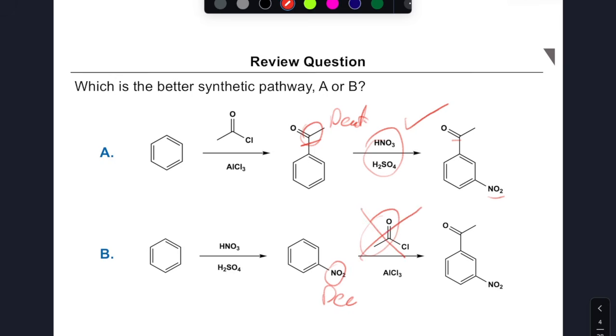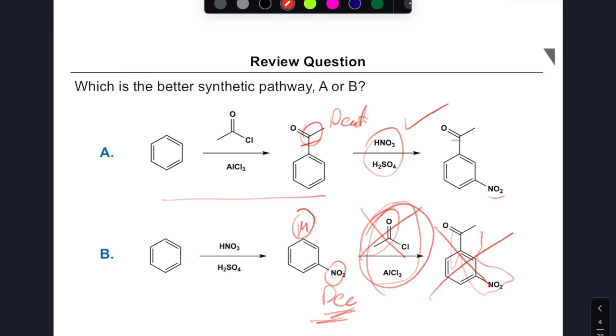If you remember, Friedel-Crafts acylation and alkylation is very difficult on deactivated groups. So even though it is meta-directing, even though the positions line up the way we want, we're not going to form this product because trying to do this carbon addition is very difficult after we've deactivated the ring by a nitro. So you have to actually put the carbon in first, then do the nitro addition. So A is the better route to do this.